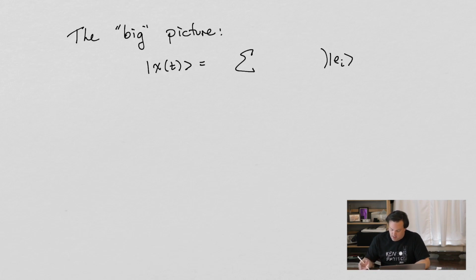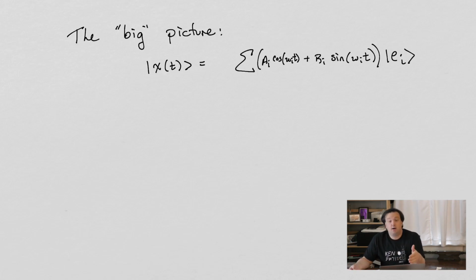So I'll call it a_i cosine omega_i t plus b_i sine omega_i t, times e_i. And we know what the omega_i's are because they're given to us by the frequency of each one of the modes. And I know what the e_i's are because those are the eigenvectors of the modes.